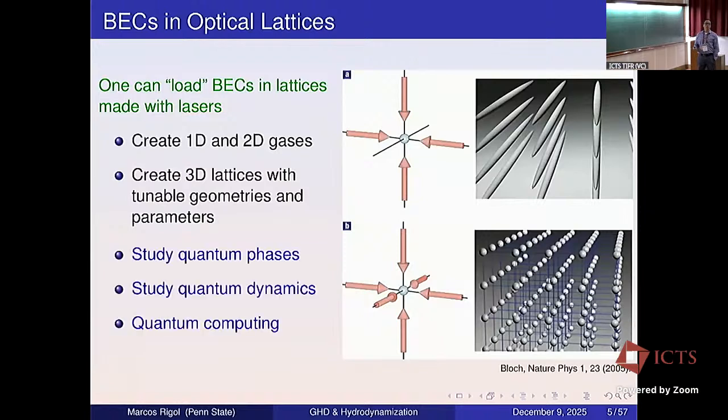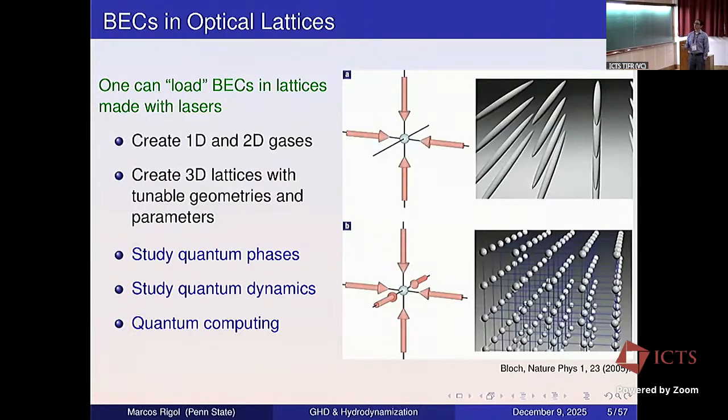You can study quantum phases, and that's what I started doing as a graduate student. Shortly after, I realized that what I wanted to actually do is to study quantum dynamics. So that's another thing you can do with those cold gases. And nowadays, people are using them for quantum computing. So that's another big thing. This shows a 1-dimensional geometry and a 3-dimensional geometry.